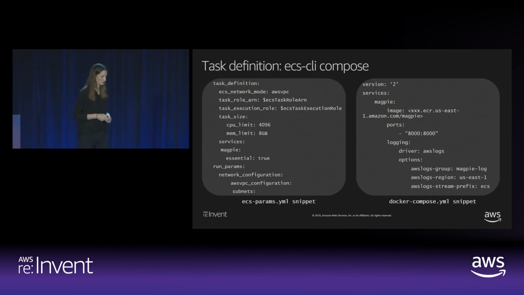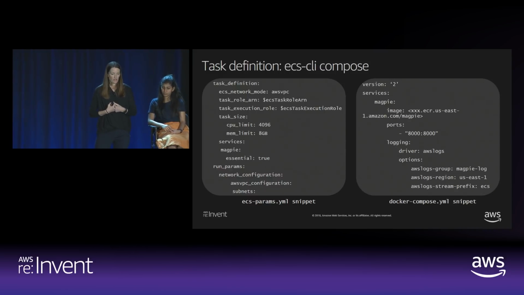That's pretty cool. And then the run parameters. This is where you can identify the subnets, which is really nice because you can have your containers communicate with each other within that VPC, and no traffic will leave that VPC if you want, so that's really convenient.